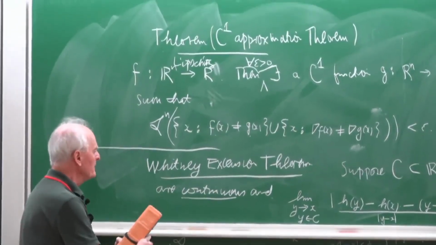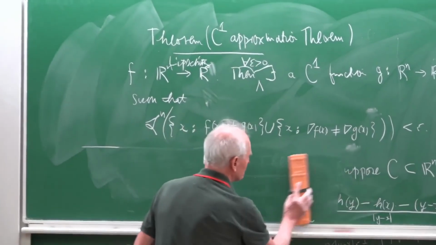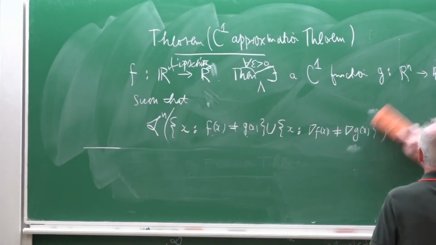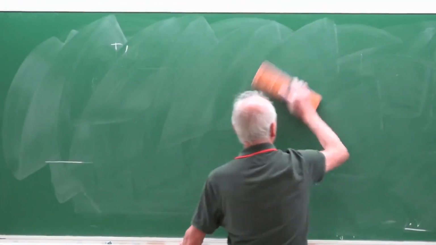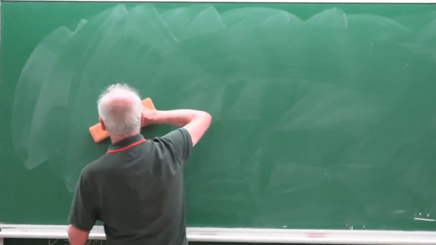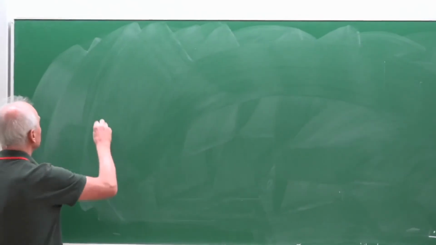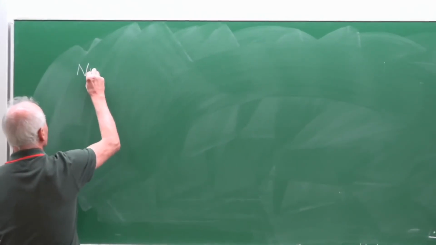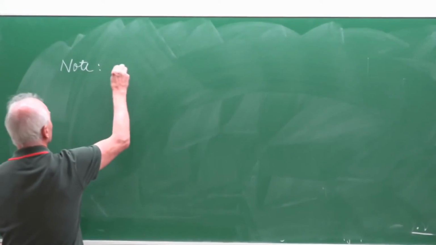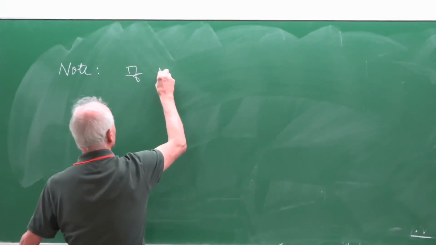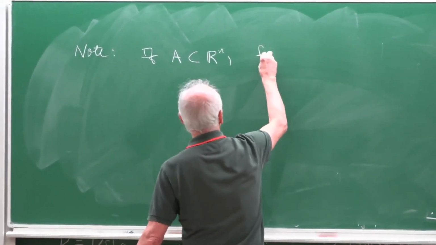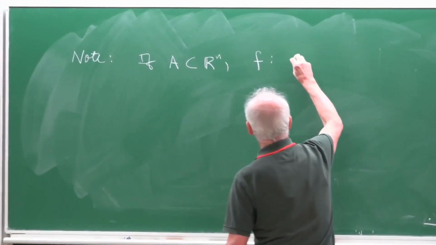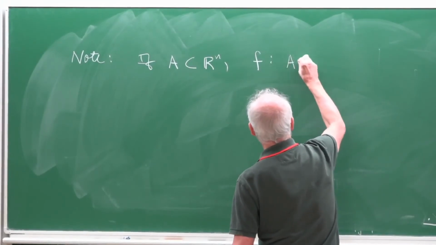We've got about 5 minutes, so let me just introduce the next topic, which is going to be Lipschitz images of sets. So note that if A is any subset of Rn, and you take F to be a mapping from A to Rn.